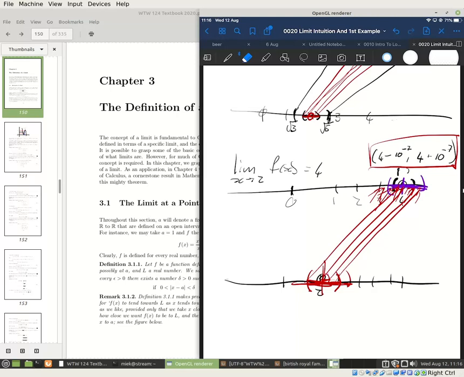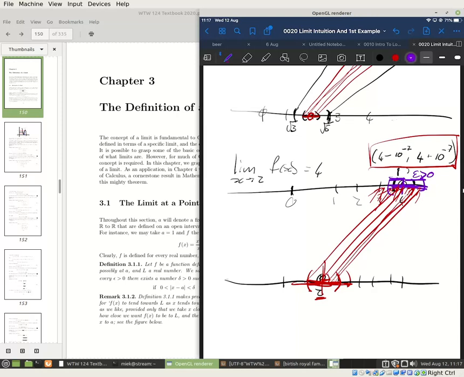It may not matter what the radius of this interval is. For any positive radius, we should be able to find an interval here so that everything in here maps there.